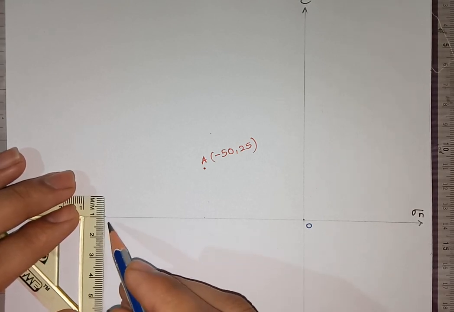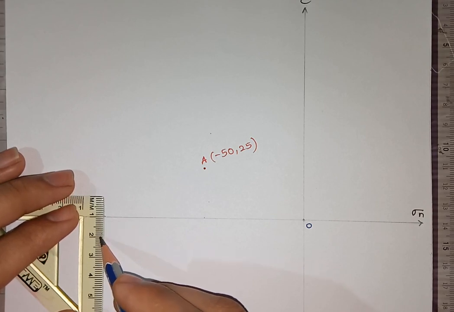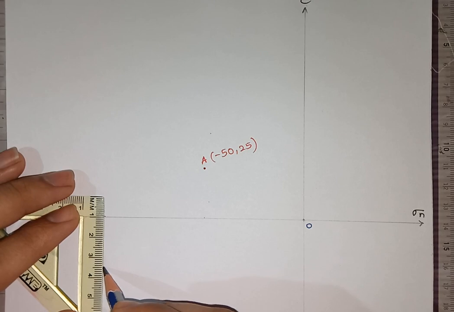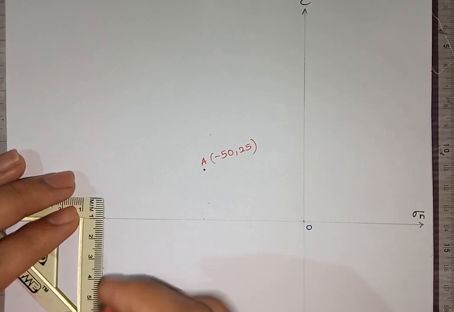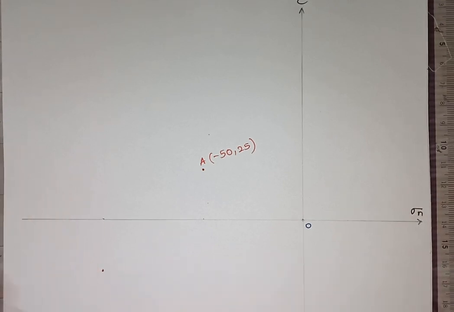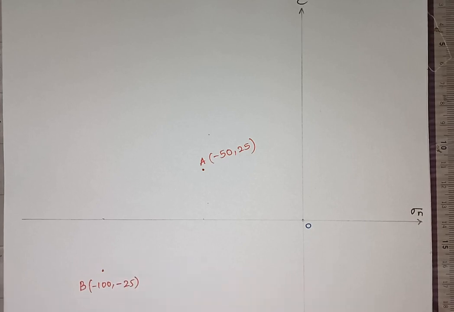So it is how much? 10 mm, 20 mm, 25 mm, somewhere over here, right? So once again I'll take the reading and mark this point, right? So the coordinates of this point B are minus 100 comma minus 25, right? So these are the coordinates.